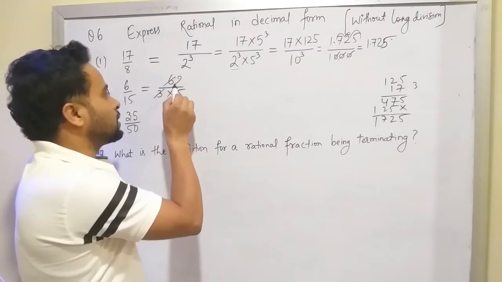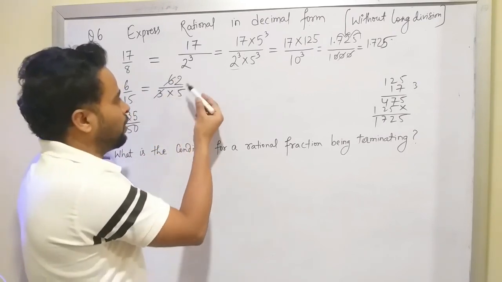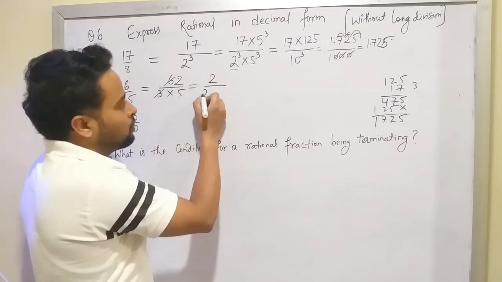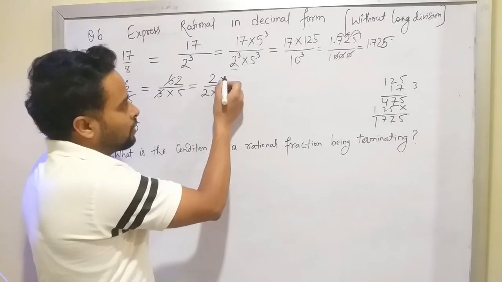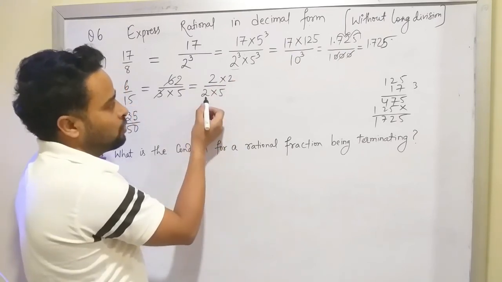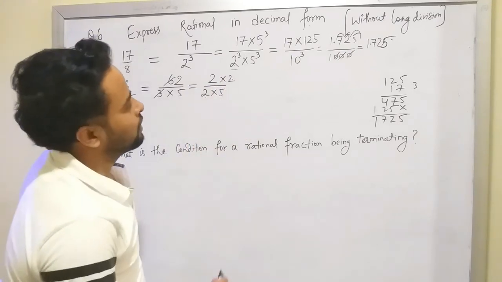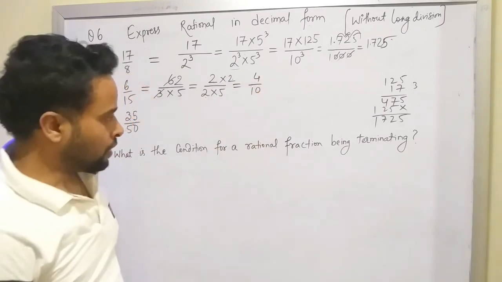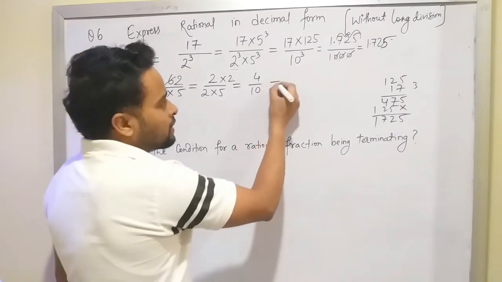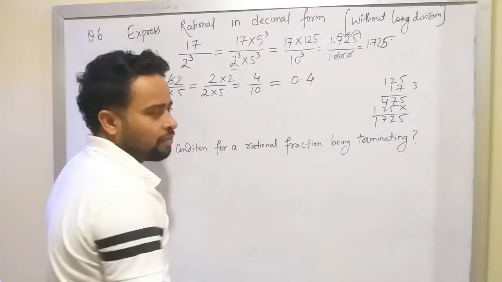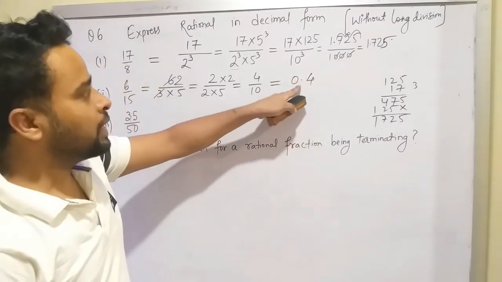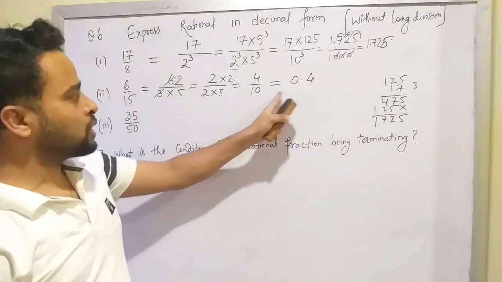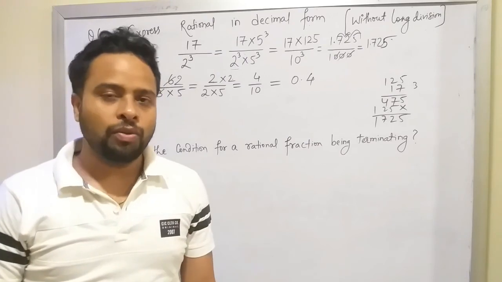I get 2 by 5. 2 by 5 is nothing but 2 divided by 2 into 5. I have multiplied by 2, so this becomes 4 by 10. 4 by 10 is nothing but 0.4. This is the decimal form of 6 by 15 if we express it without division.